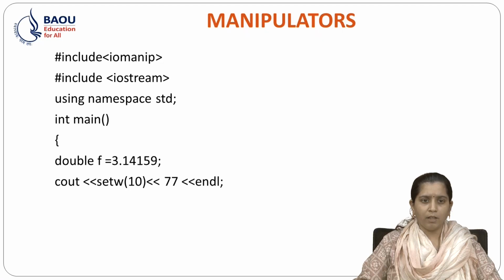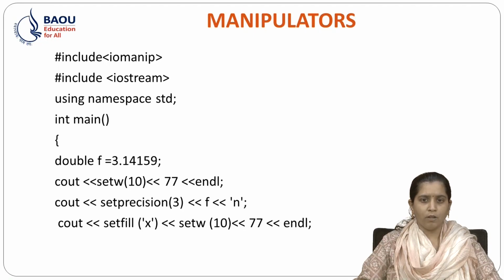Here what I am doing is double f is equal to 3.14159, and in cout I am using setw 10 and then 77. All this I will show you in the output.